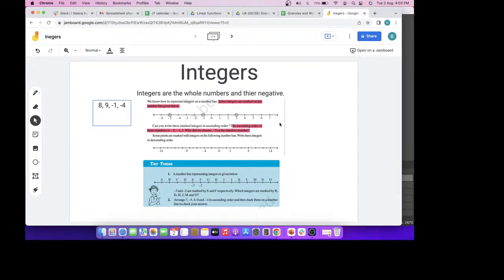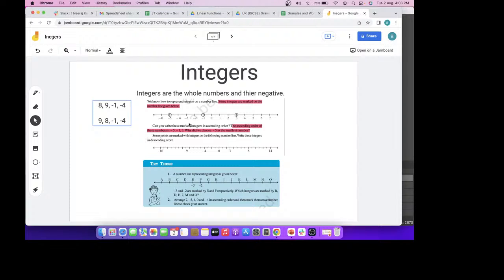So 9 is on the rightmost, so that is why 9 is the biggest. Then there comes 8, followed by -1, because -1 is bigger than -4. So this is how you can arrange all these numbers into descending order.